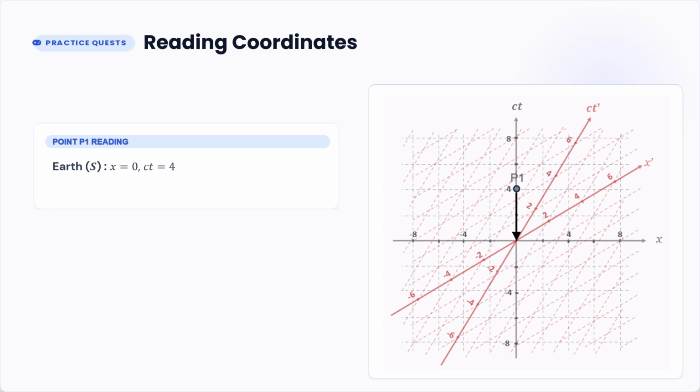So for the Earth observer, the coordinates of P1 are x equals 0 and CT equals 4. This means an event that happened right at Earth's location, x equals 0, at the timing when CT equals 4. Orthogonal coordinate hack complete.